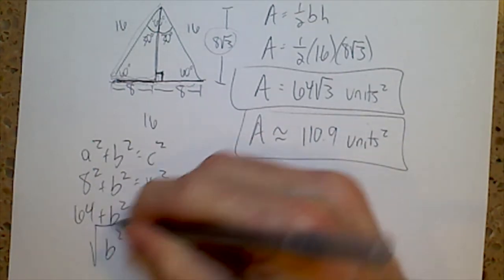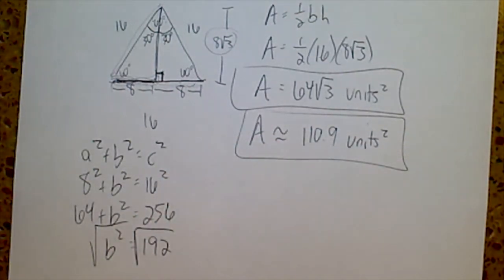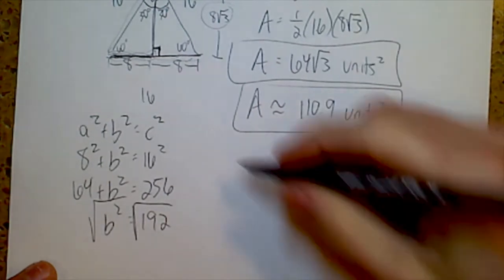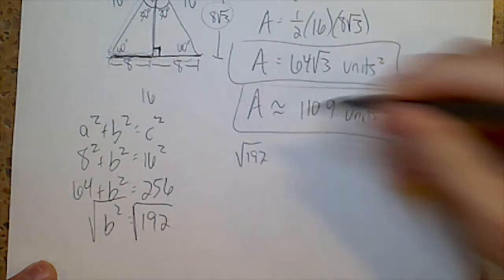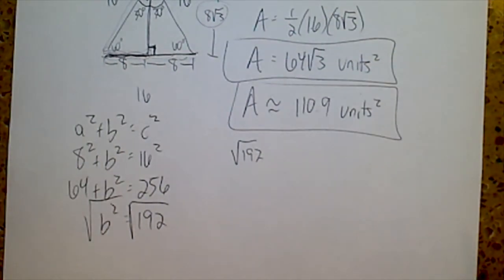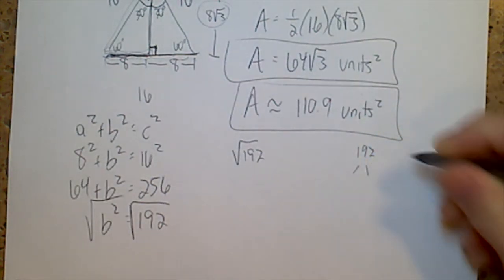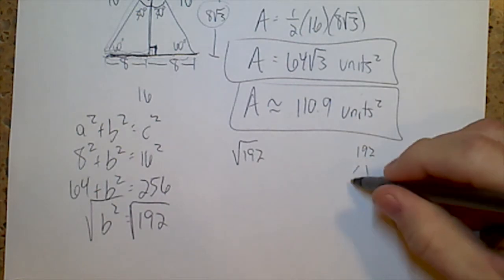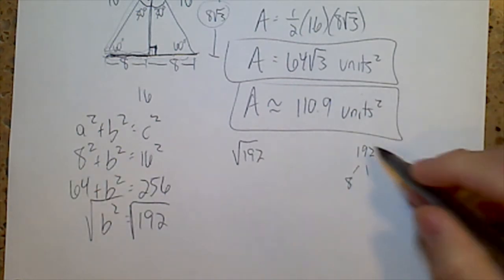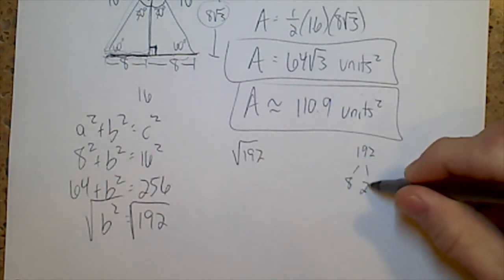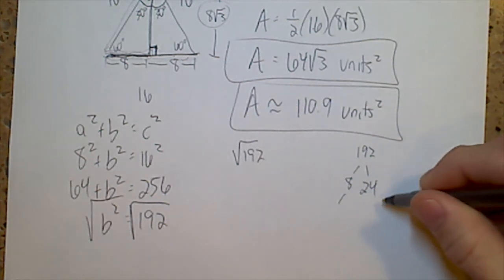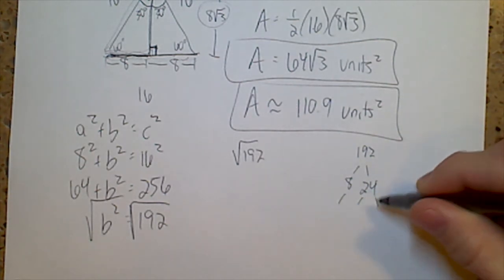If I square root both sides, well, now I got to simplify this thing, right? Oh man, here we go. All right, so 192. Let's see, that breaks down into 8 and 24. And so I get an 8 and 8 and a 3.